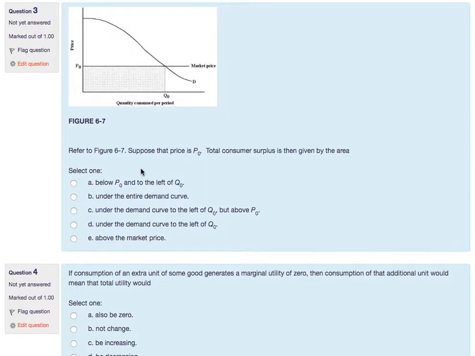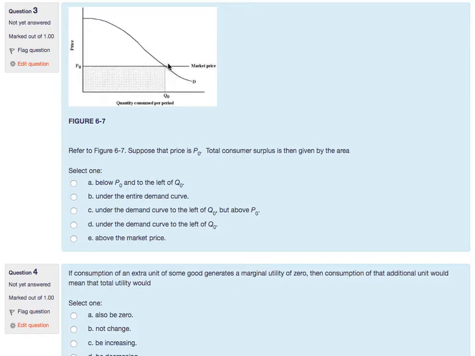If we refer to this figure, suppose that price is P0, and total consumer surplus is given by what? Well, consumer surplus will always be the area below my willingness to pay, which is represented by my demand curve.